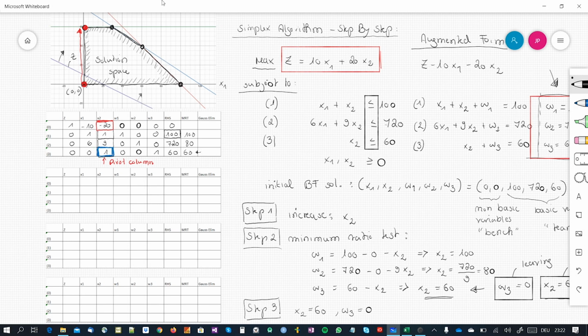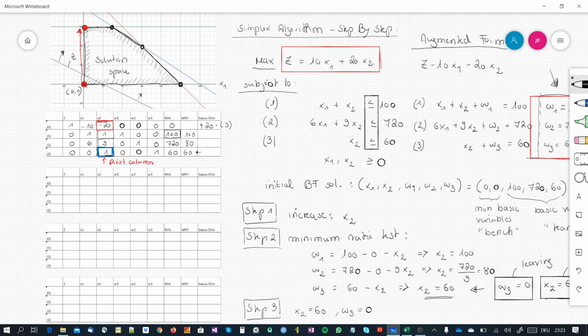So the question is, how can we get the x2 to be 0 in the pivot column? And this we can do by Gauss elimination. So for the objective function, we would use the pivot element row to produce a 0. And this could be done by taking plus 20 times the pivot element row.